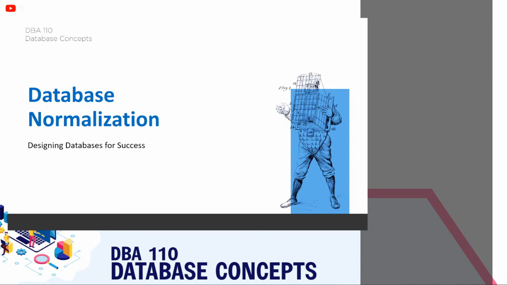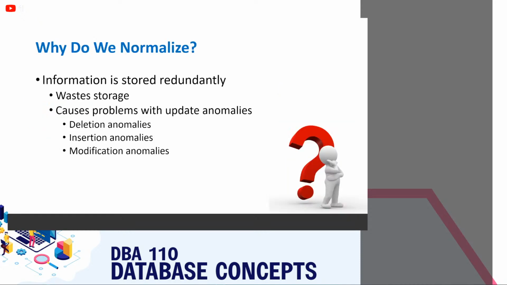Right? And these logically impossible outcomes oftentimes happen as a result of data anomalies. And so when we look at data anomalies, we're really looking at the core of why we normalize.